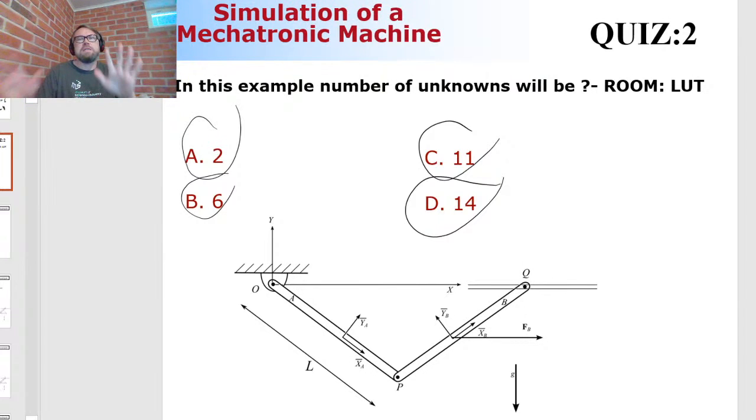Anyways, what is the correct number? What is the number of unknowns we have to solve here? Again, 2 because of the 2 bodies, 6 because of the 6 generalized coordinates, 11 because of the generalized coordinates plus constraint equations, which is equal to the Lagrange multipliers, and 14 is just a high number. Is our reasoning to select this that higher is better?